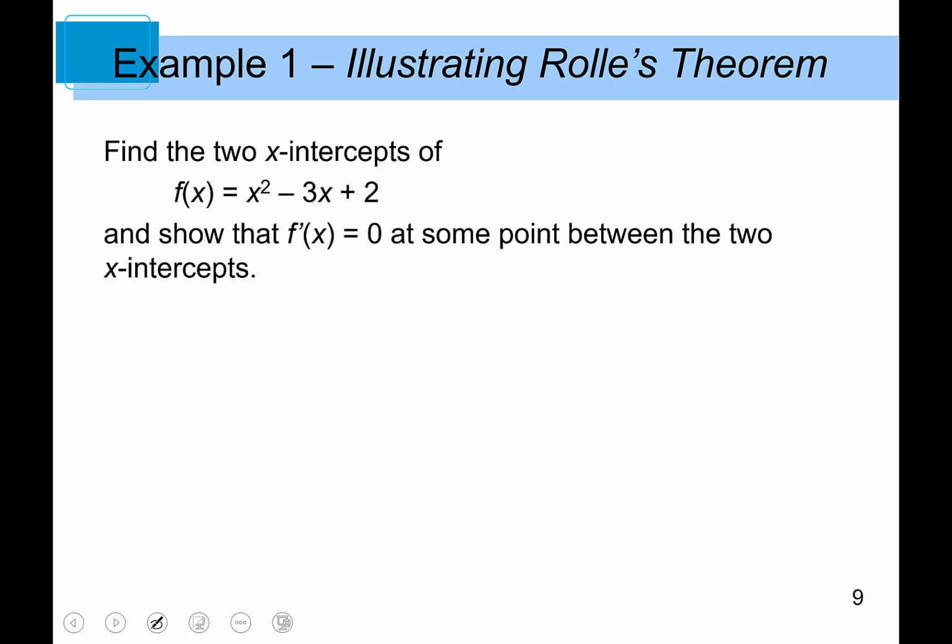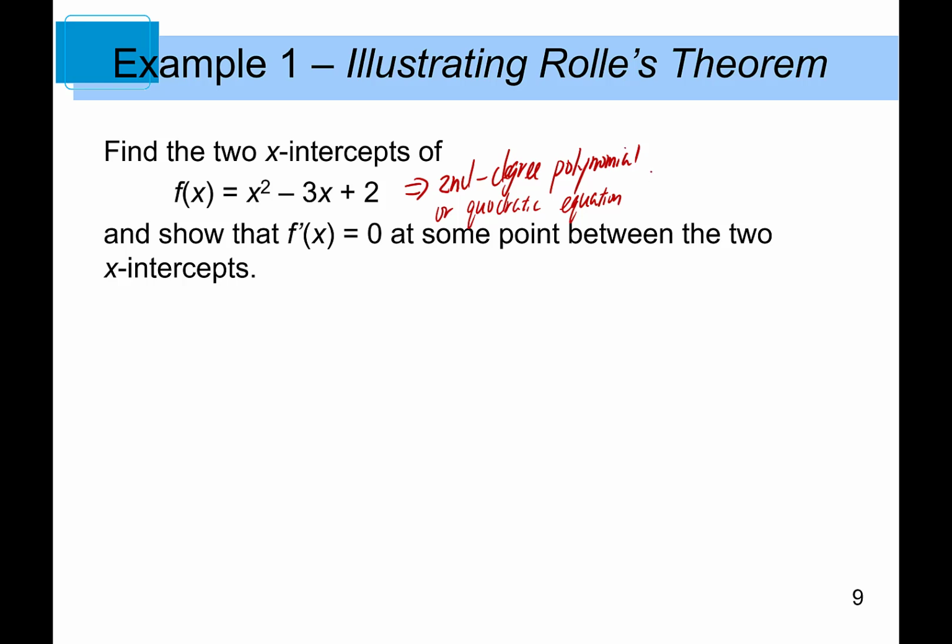So let's take a look at an example illustrating Rolle's theorem. Find the two intercepts of f(x) equals x squared minus 3x plus 2, and show that f'(x) equals 0 at some point between the two intercepts. This is a second degree polynomial function, which we call a quadratic.